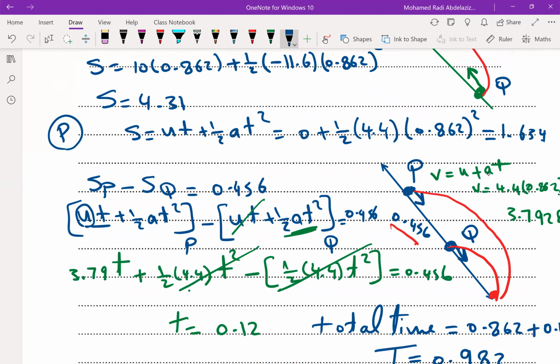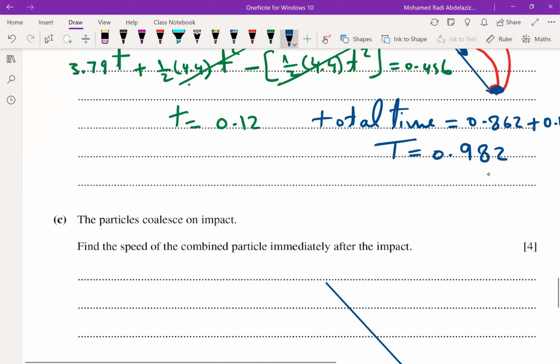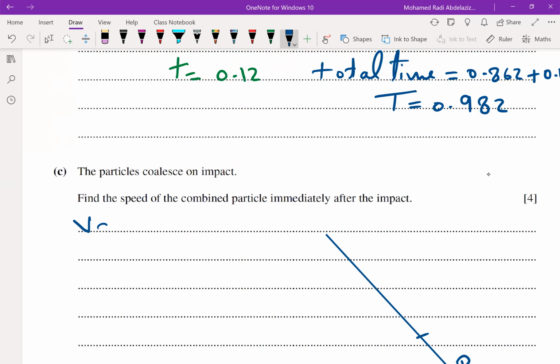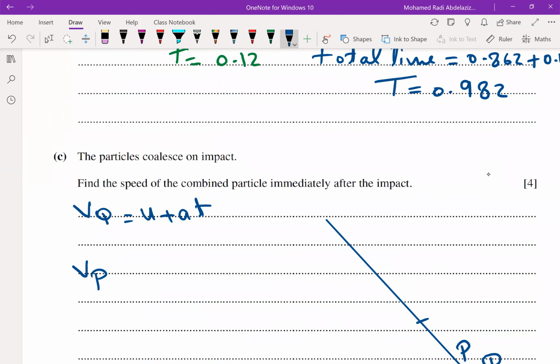Find the final velocity of Q and the final velocity of P. V equals U plus at. For the particle Q, after reaching the maximum height and starting with initial velocity 0, acceleration is 4.4, and the time found is 0.12. So 4.4 times 0.12, so velocity 0.528.